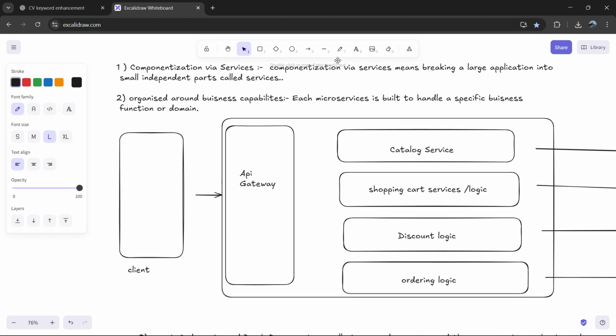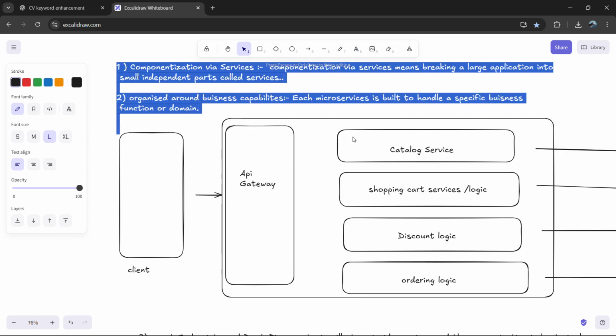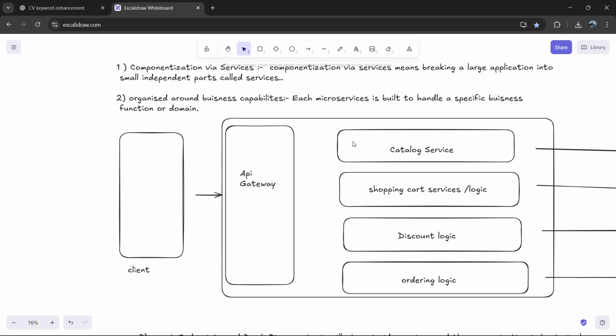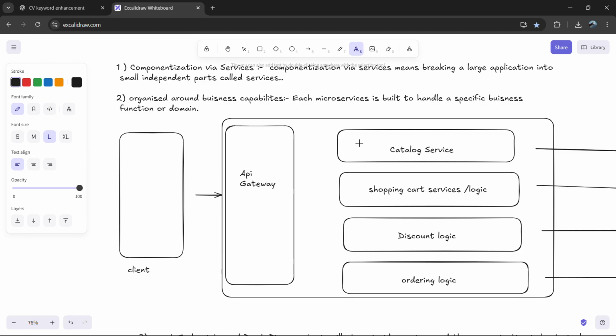In each service we have to write some HTTP method, like localhost 8080 slash catalog.